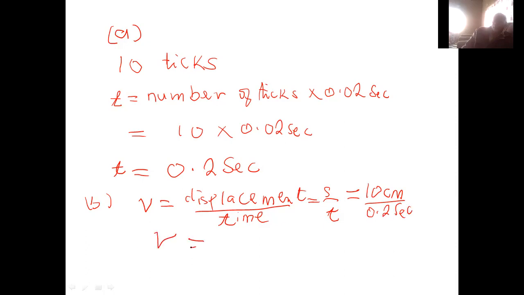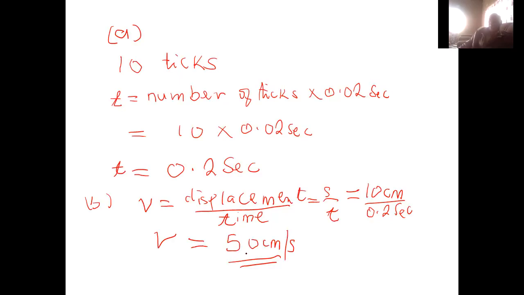Therefore, our velocity would be actually 50 centimeters per second. And so we have known how to calculate velocity on a ticker tape timer.